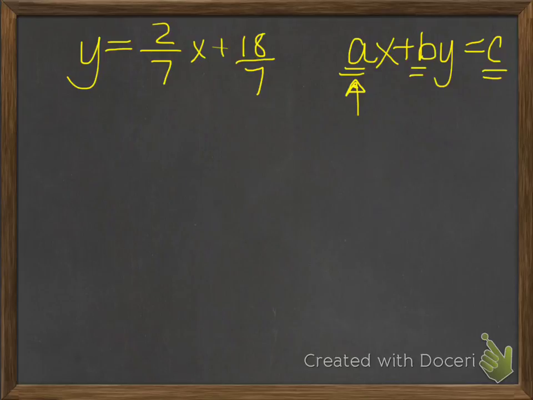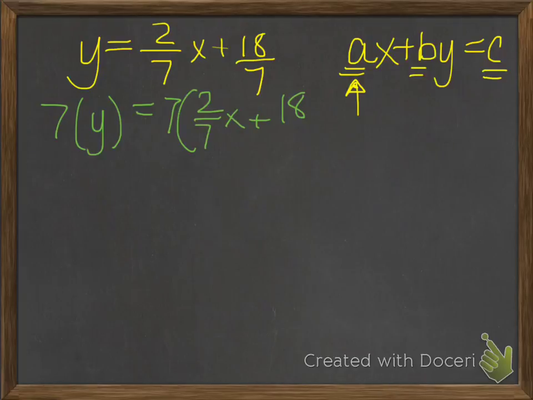Okay, so what we're going to do is multiply through by something to get rid of the fraction. So that would be a 7. So we're going to do 7 times y is equal to 7 times 2/7 x plus 18/7.